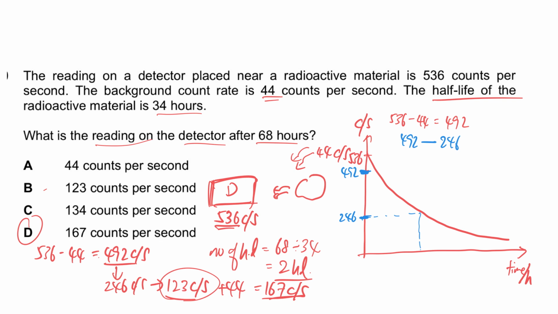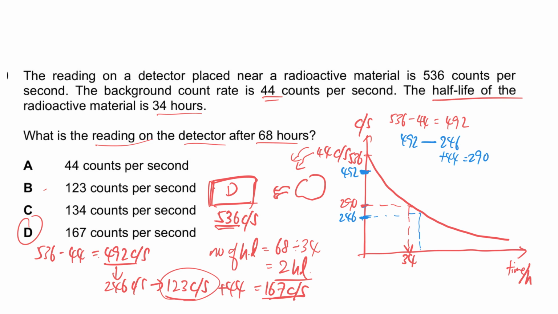Because the red curve here includes the background radiation. So what you need to do is plus 44 to this 246, then that will be 290. So 290 here, I use back the red color here. Then you come over here, and by right, this will be 34, and that is the half-life of this radioactive material.